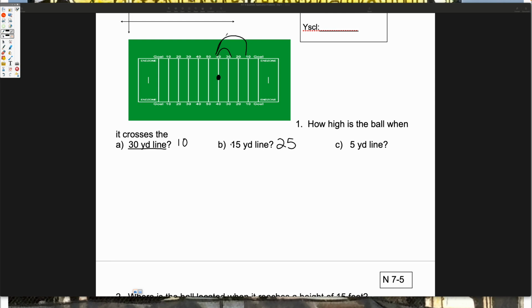And then from the 40 to the 5-yard line, that's traveling 35 yards. Okay, it's important to make that distinction because we have to know the distance that it's traveling and not necessarily the yard line number we're inputting.